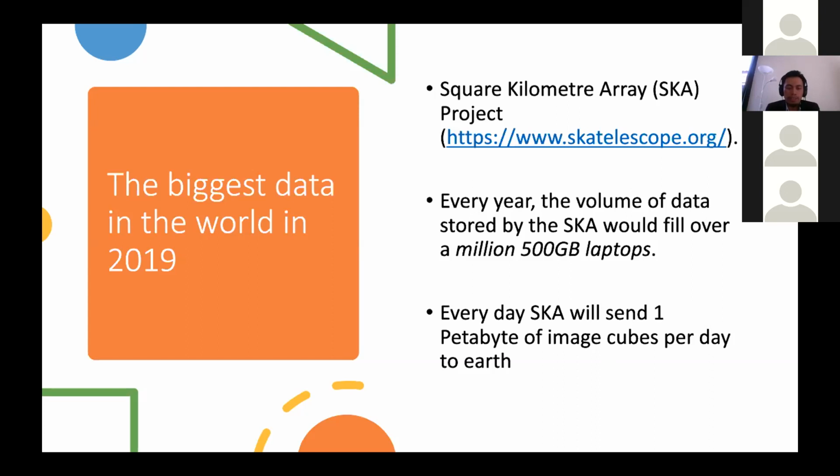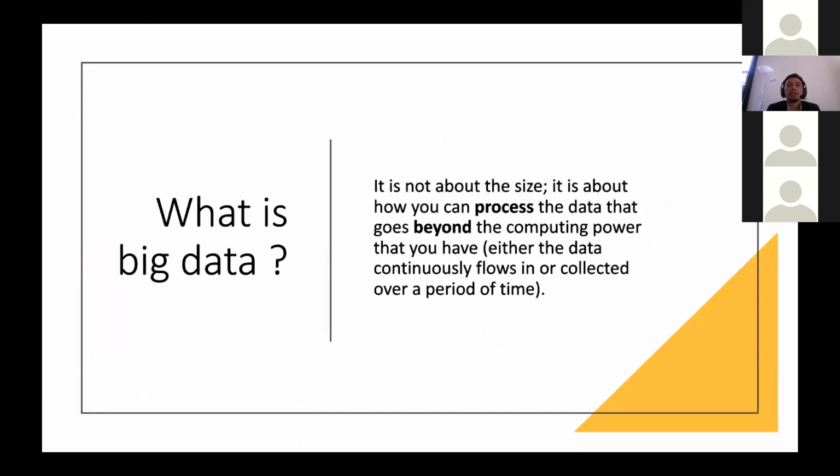All this discussion brings us to the definition of big data. In my opinion, it is not about the size. Big data is about how you can process data that goes beyond the computing power that you have. There are two possibilities here. First, the data continuously flows like a river, always flowing from the user to our data storage, or from our data storage to the users.